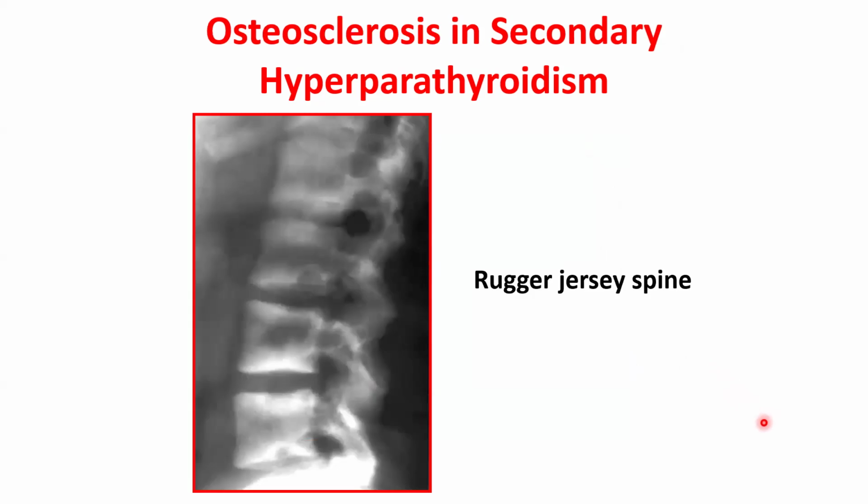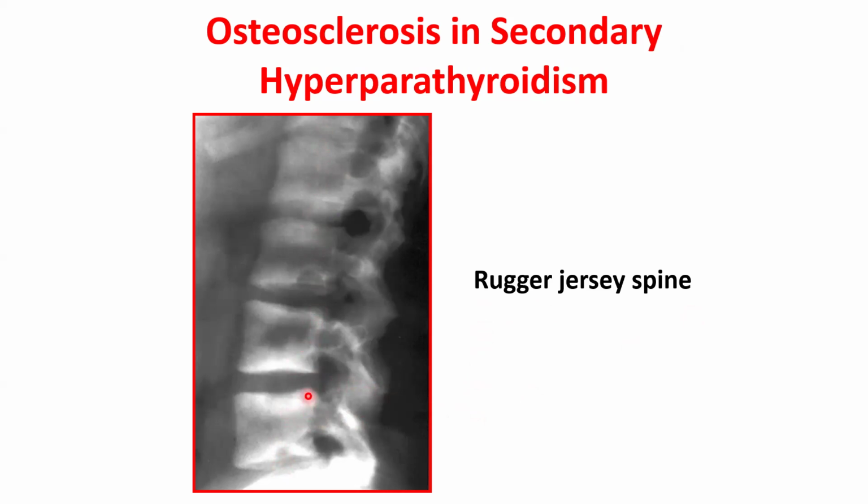Okay? And again, we have another entity of metabolic bone disease in secondary hyperparathyroidism or chronic renal failure called osteosclerosis. The bone appears more sclerotic than usual. If the normal bone is white, then sclerotic bone appears more white. So this is a plain X-ray of the lumbar spine of a patient with secondary hyperparathyroidism and osteosclerosis, showing what is known as rugger jersey spine.